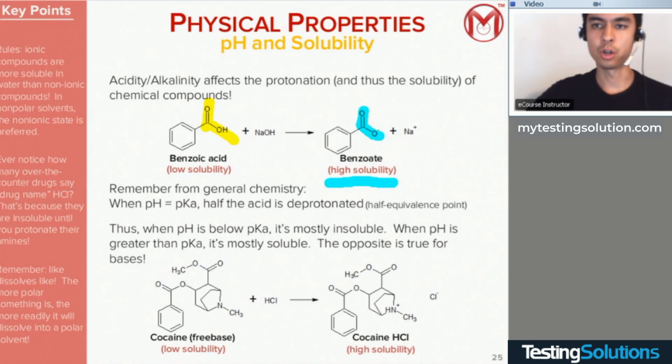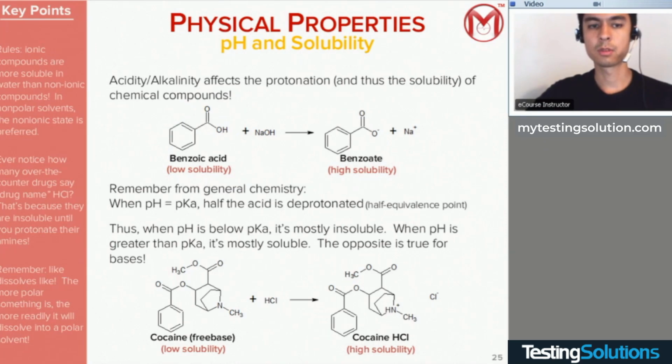Charged, so pH below the pKa is going to be mostly insoluble. So pH below the pKa, protonated, uncharged, is low solubility here. High solubility is when it is deprotonated, when it is charged.